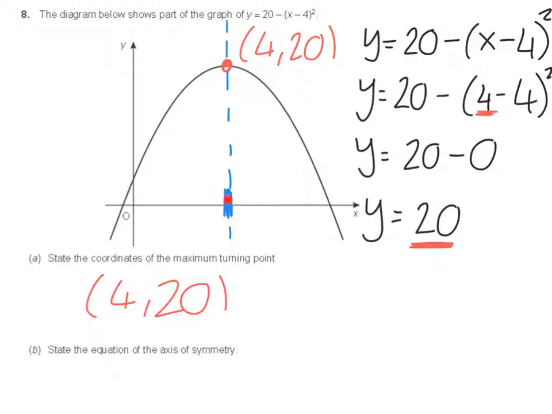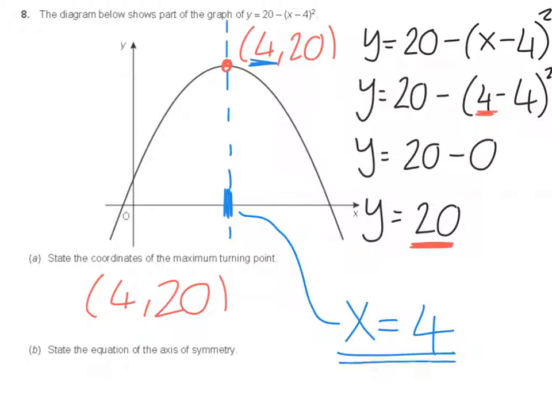So that means that this x value has the same value as the x value on our turning point, 4. So this point here on the x-axis is x equals 4. That also represents the equation of our axis of symmetry and the answer to part B.